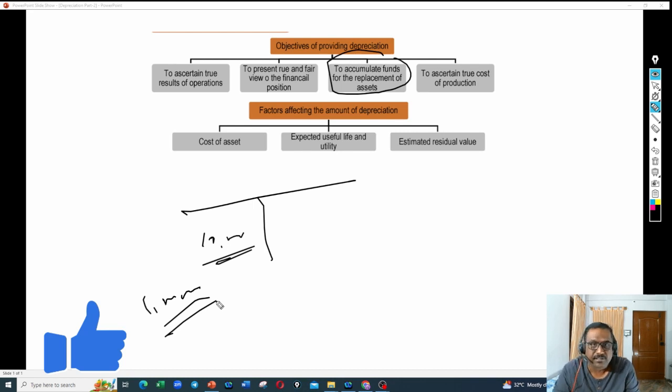That is what the manufacturer said. Suppose you buy a car, your car dealer will say, sir, this car can be used for 15 years. After the 15th year, you have to go and replace this car. Or if he says 10 years, after 10 years you have to replace that car. I'm just taking an example. Similarly, if somebody says the machinery can be used for 10 years, after the 10th year, this machinery is not going to produce anything.